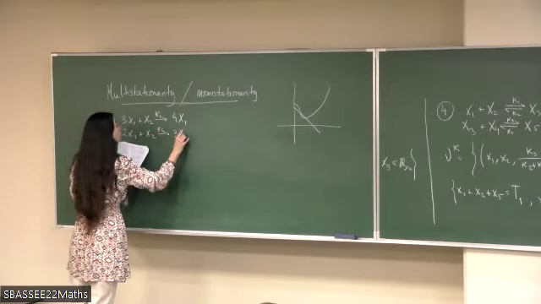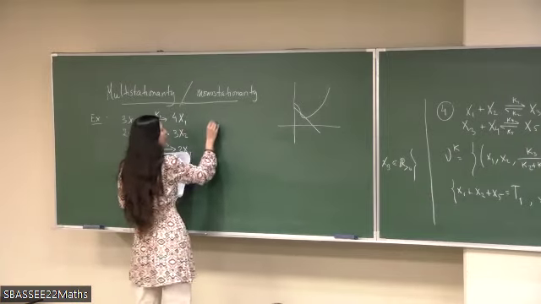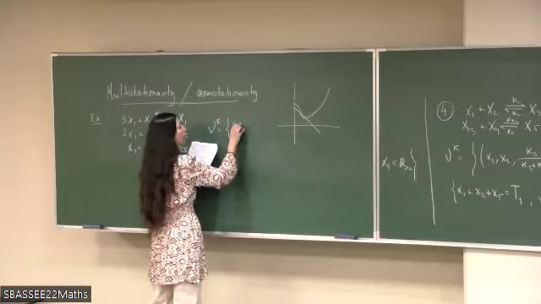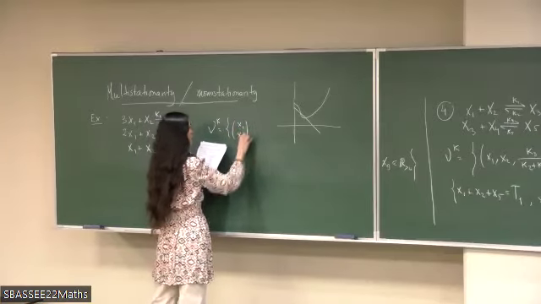Otherwise, still for this network, the set of positive steady states for fixed k will look like this.